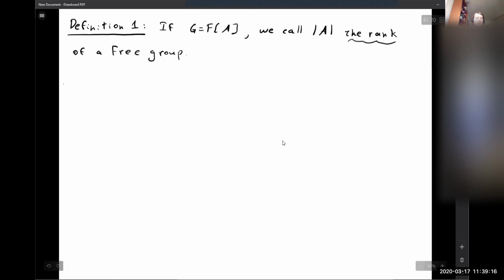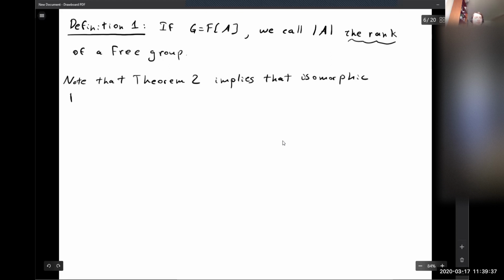Well, note that theorem 2 implies that isomorphic free groups must have the same rank.